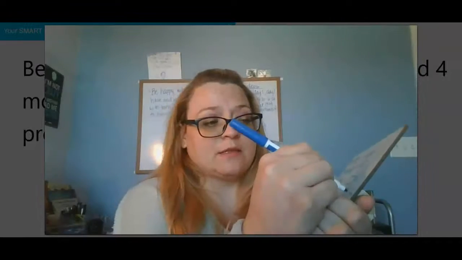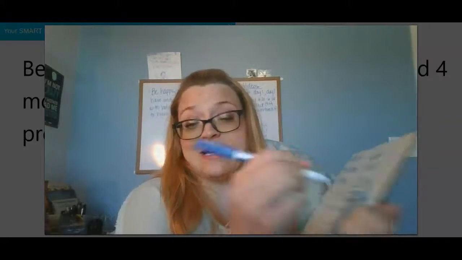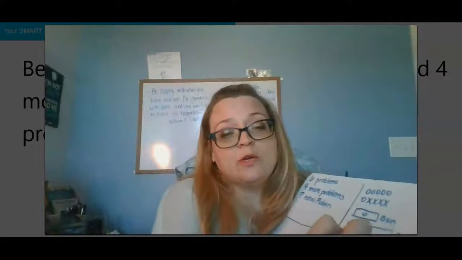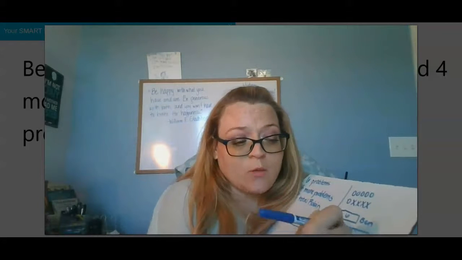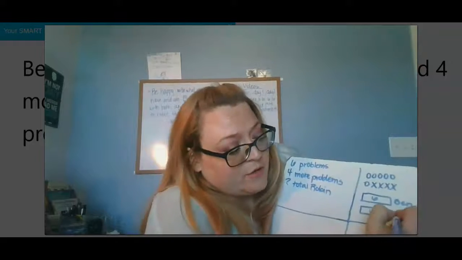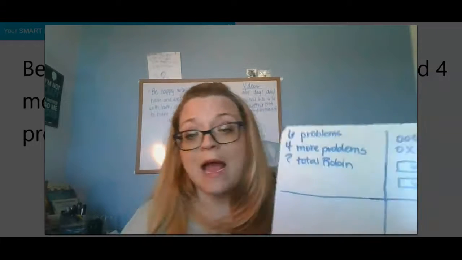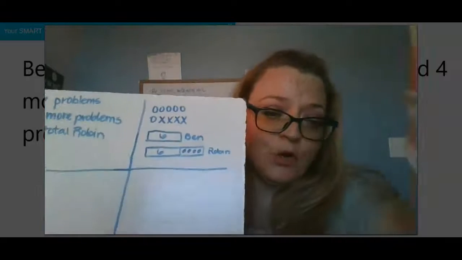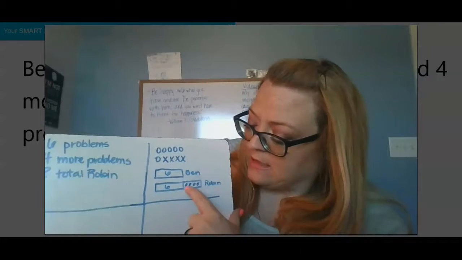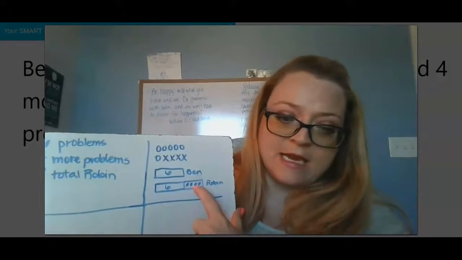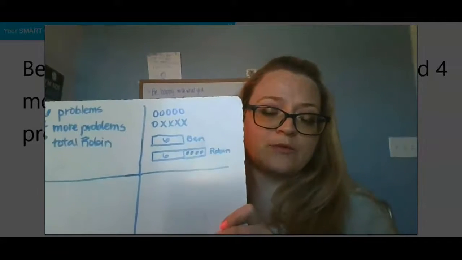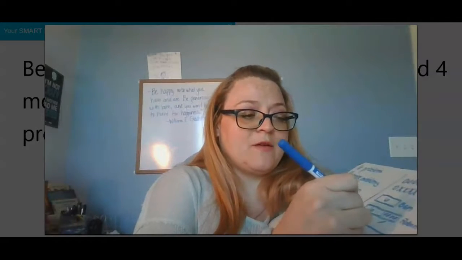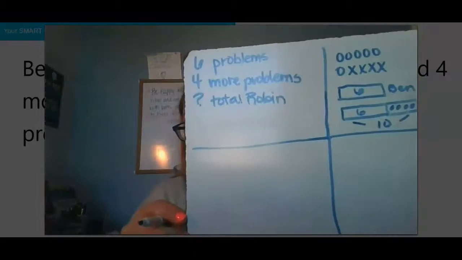And this is Robin's, so make sure I label it so I know. Robin. You could write 4 in here, or we can draw it. 1, 2, 3, 4. And now I just need to count on, right? So let's scoop up 6, 6, 7, 8, 9, 10. How many problems did Robin do? 10. So I can do 10 like that.